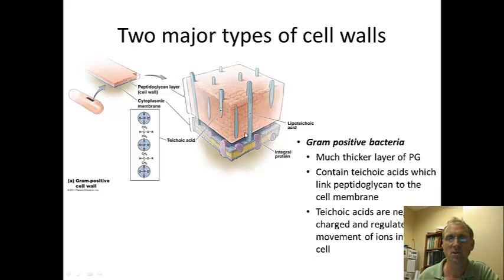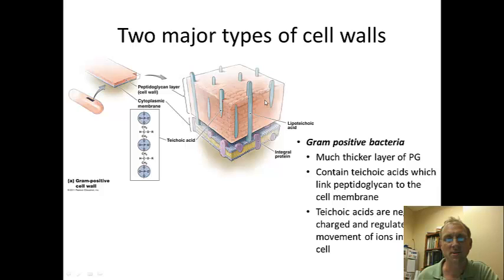We can see that there are some other things in there as well, teichoic acid and lipoteichoic acid, that add some further structure to this thick layer of peptidoglycan and also help the peptidoglycan to attach to the plasma membrane, the cellular membrane, which is down underneath here.